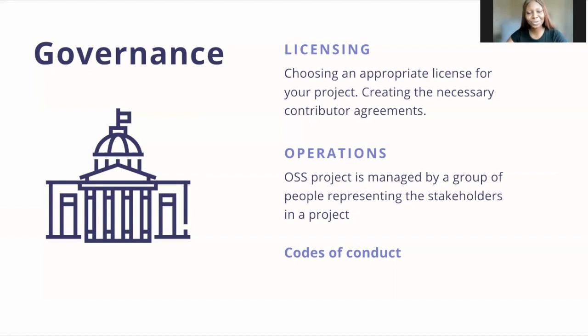And then governance also looks at the code of conduct, because you can't have all of these amazing individuals in one place without having rules and regulations that you expect people to abide by, right? Our code of conduct comes together to make sure that every single person works hand in hand to follow through with these rules and regulations.